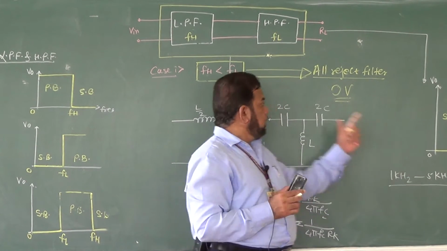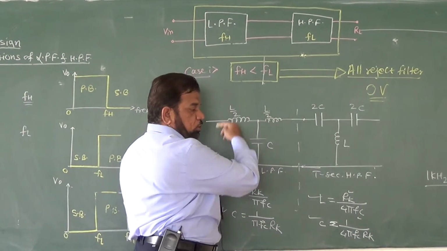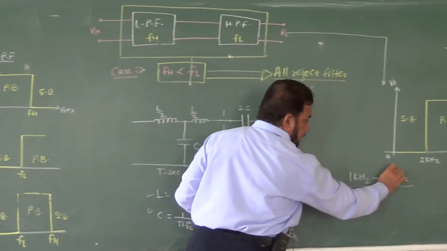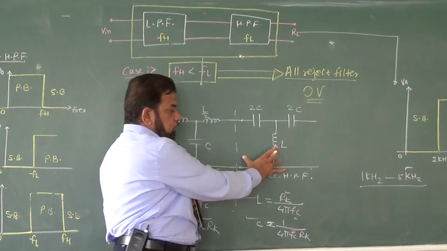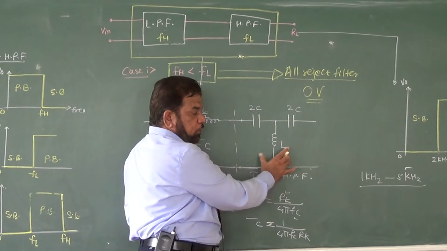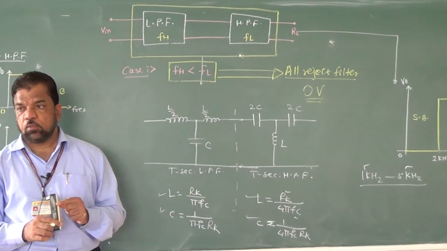How to design low pass and high pass separately. For this particular section, low pass filter, how to select cutoff frequency 5 kHz. Whereas for constructing this high pass filter, how to select cutoff frequency 1 kHz.